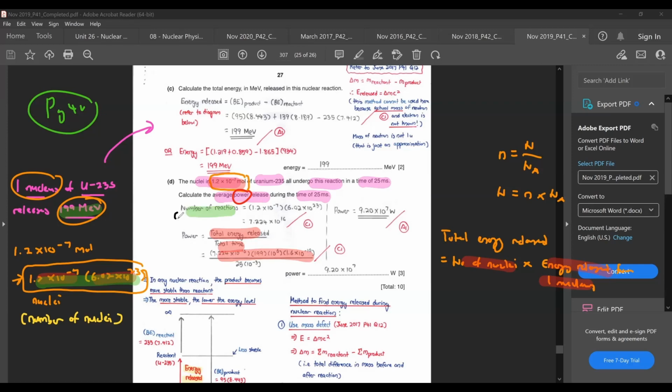This one is number of reactions or number of nuclei, 1.2 times 10 power minus 7 times 6.02 times 10 power 23, giving you this. So get the energy release, divide by your total time of 25 milliseconds. You will get this answer, 9.2 times 10 power 7 watts. Remember to change your milliseconds to seconds.